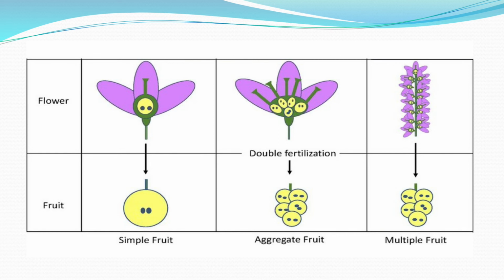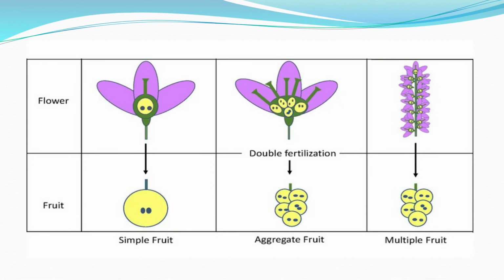Then there is the aggregate fruit. In aggregate fruit multiple fertilization is carried out, while in simple fruit a single fertilization process is carried out. In the case of aggregate fruit multiple carpels are present. It means multiple female reproductive parts, the carpels, are present, having various ovaries and ovules in them.